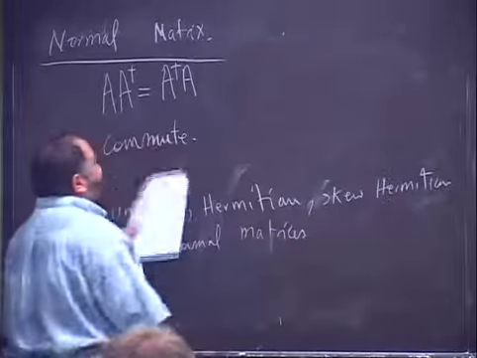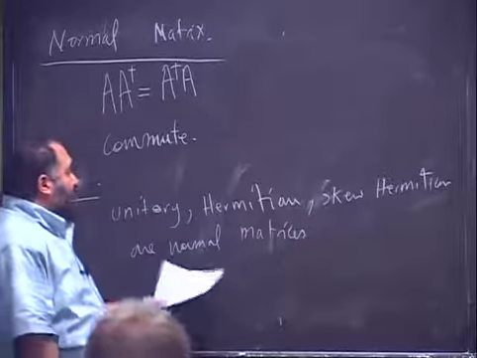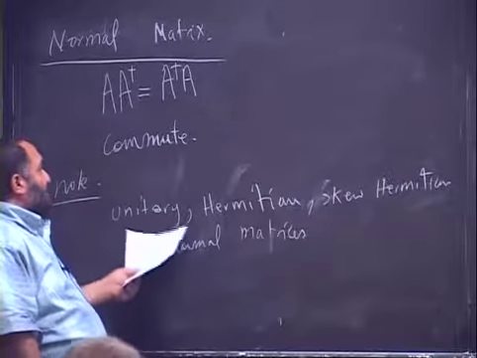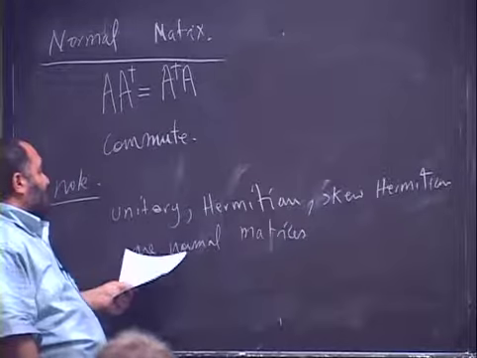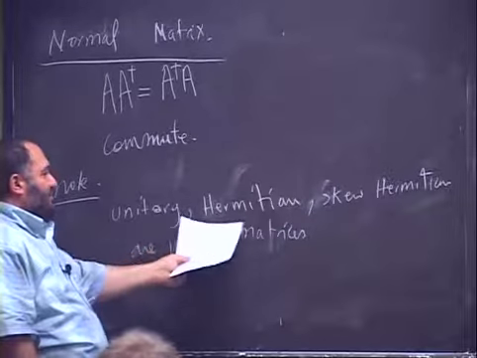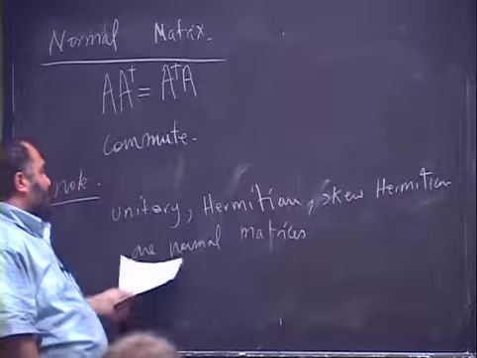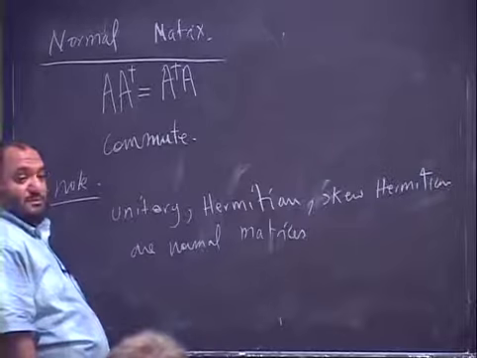So you can go back and do the exercise, and you will notice that all those types of matrices, unitary, Hermitian, skew Hermitian, are normal matrices.